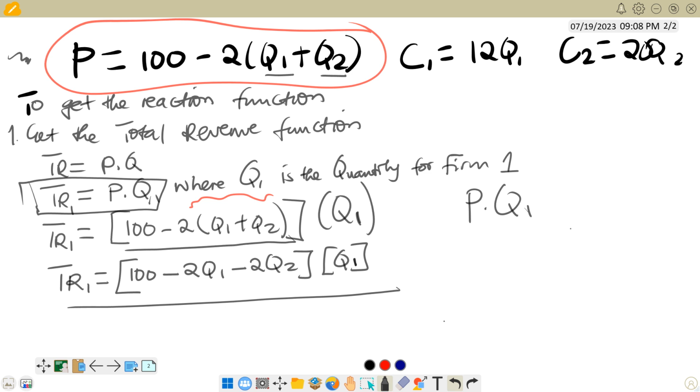So the next step is to simplify what we have. Total revenue 1 will be, we multiply throughout by this Q1.